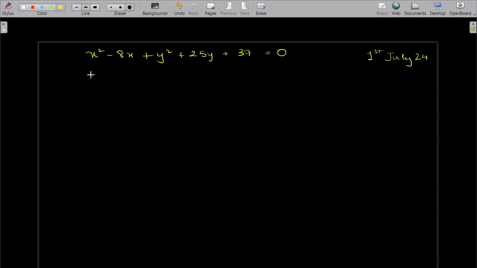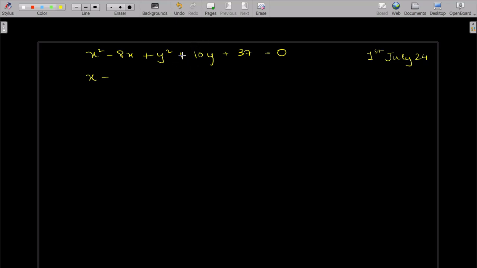How do we get from expanded form to the standard form? Complete the square. So you know how to do that now. You'll do plus 4 and minus 4, and for the y term, 10y, you divide 10 by 2, you get 5. 5 square is 25.